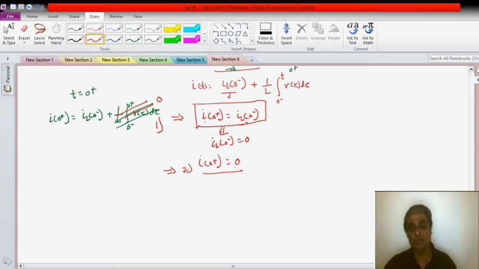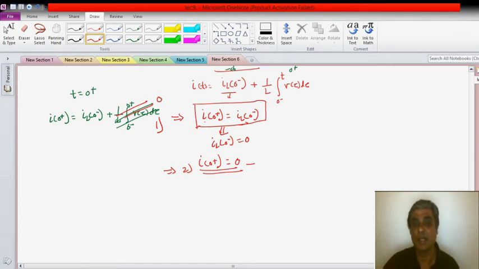So what does it mean? When I am switching it on, or closing the switch, and we are assuming that the initial current through the inductor is 0, it means that after switching there is 0 current at the point 0 plus.